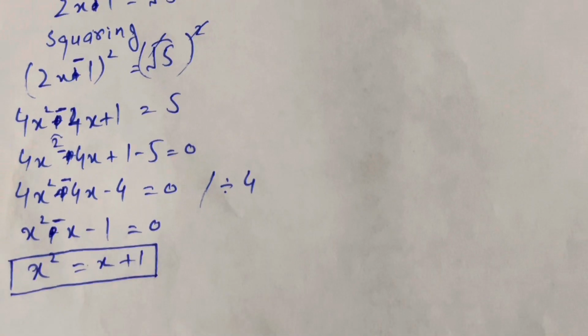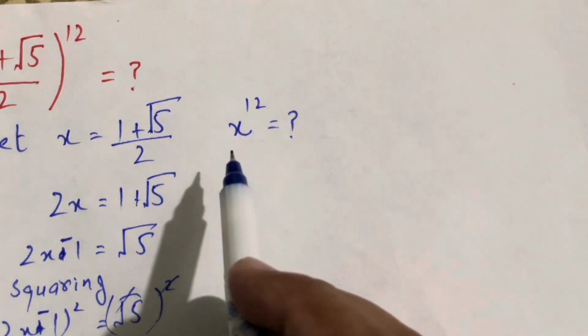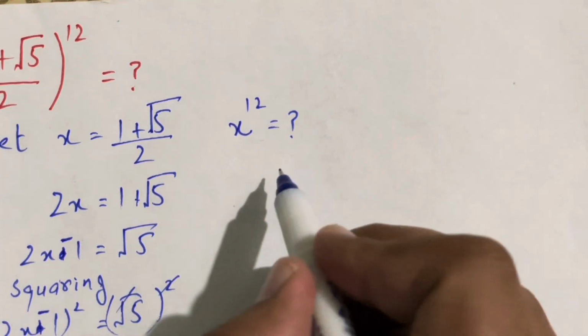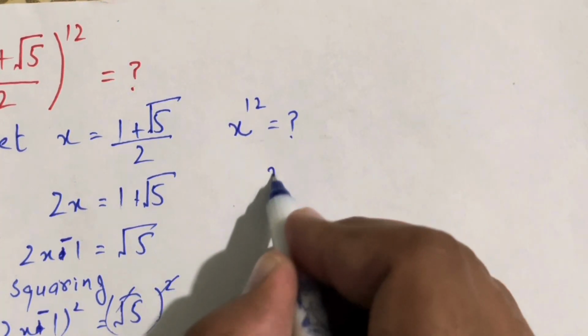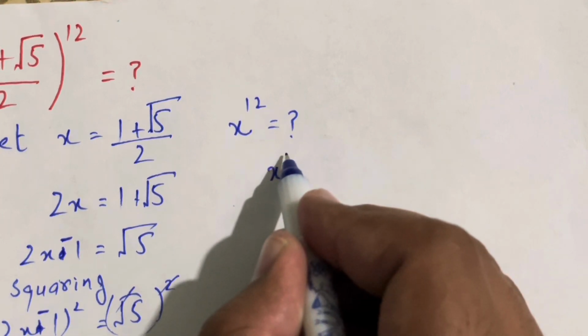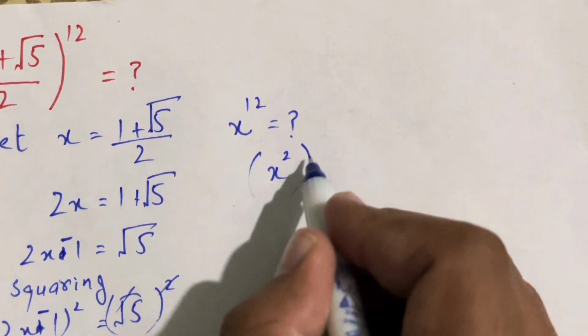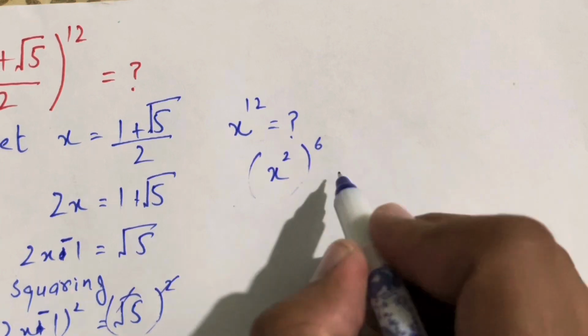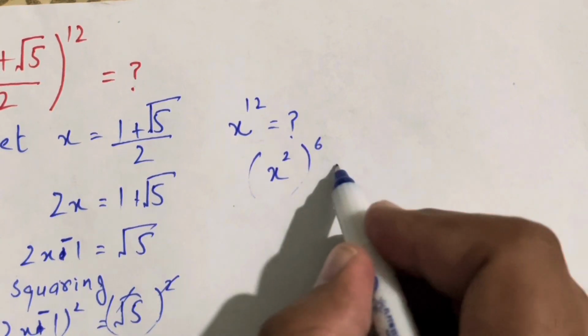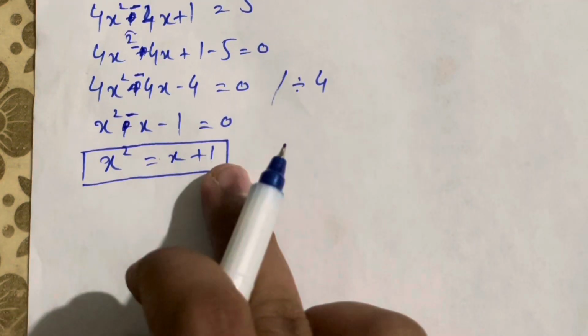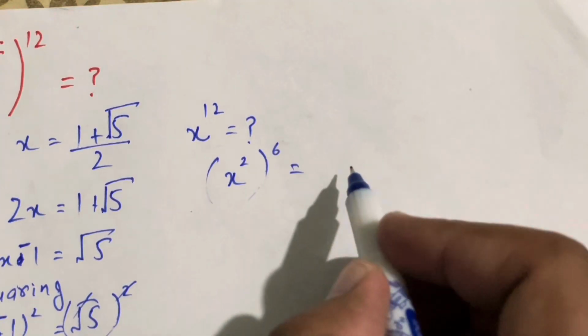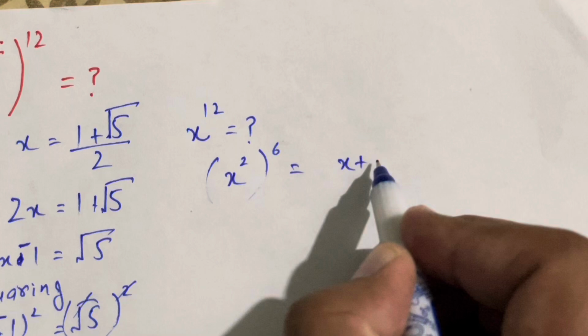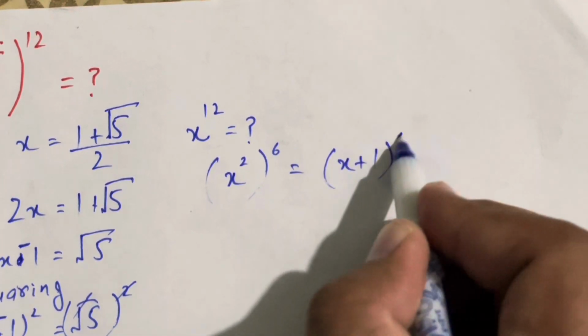Now I can write this x power 12 like that: x power 2 into 6. So I can write x square, I have the value of x square as x plus 1. So I am writing this value here: x plus 1 power 6.